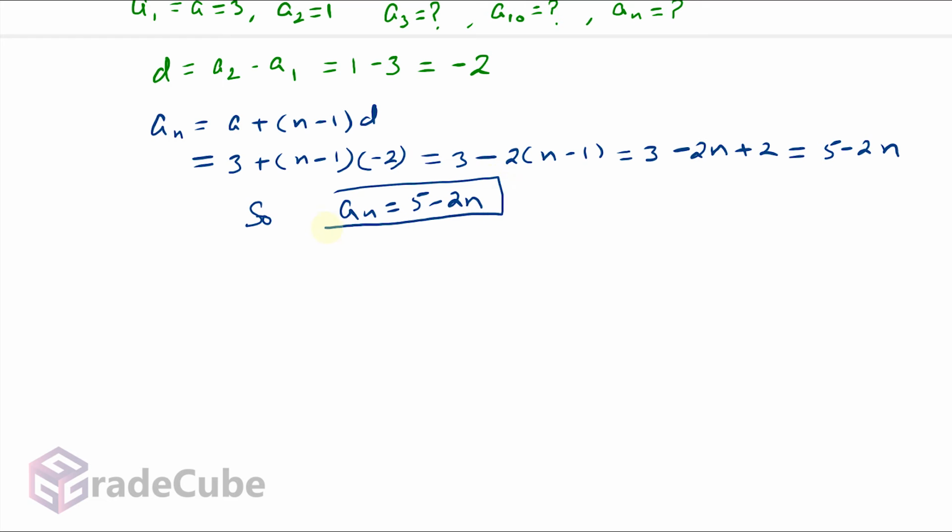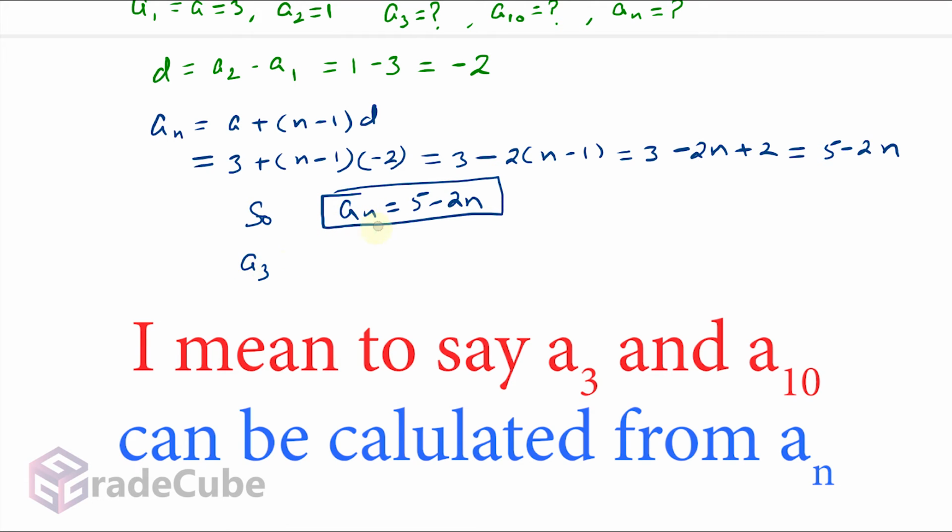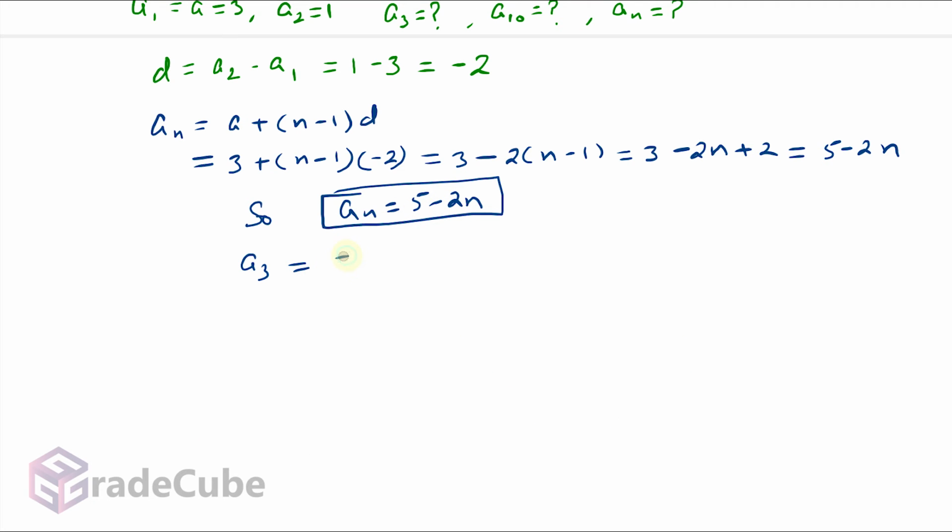So an is 5 minus 2n. We have calculated an first because a3 and a10 can be calculated from this value. Like a3 is 5 minus 2 into 3. Value of n is 3. It is 5 minus 6, means minus 1, right? So a3 is minus 1.